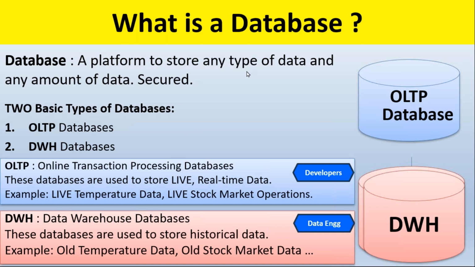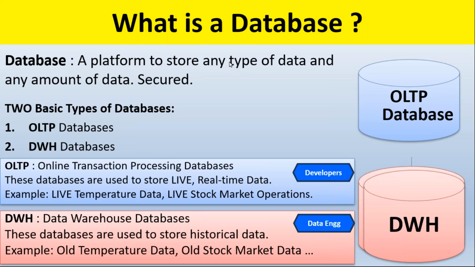OLTP, online transaction processing database, to store live real-time data. For example, live temperatures, one of our class examples, live temperature data. Live stock market activities. Anything live, we have something called OLTP. What is that?